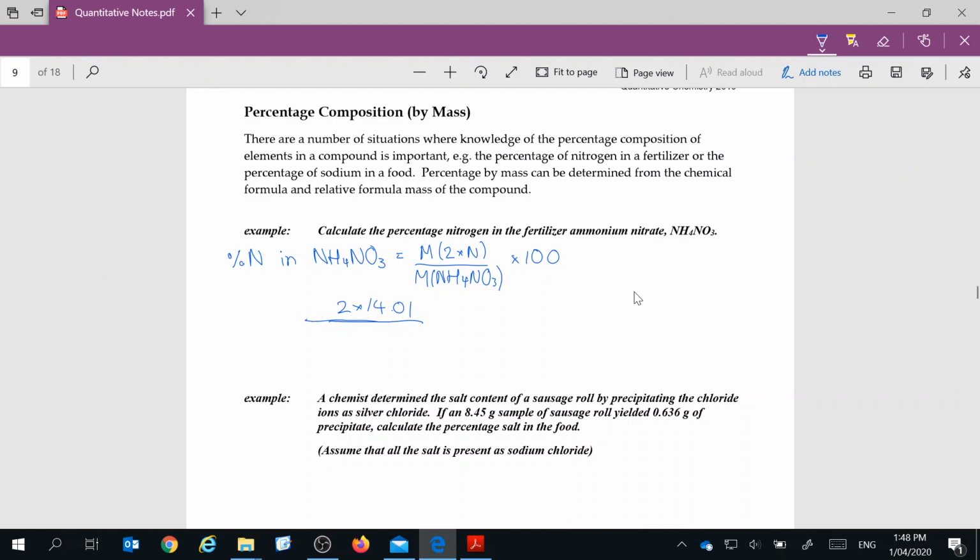Which will be 2 nitrogens plus 4 hydrogens plus 3 oxygens.